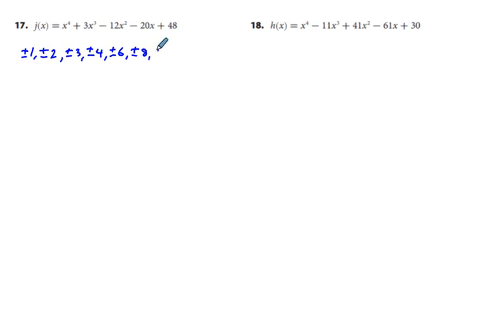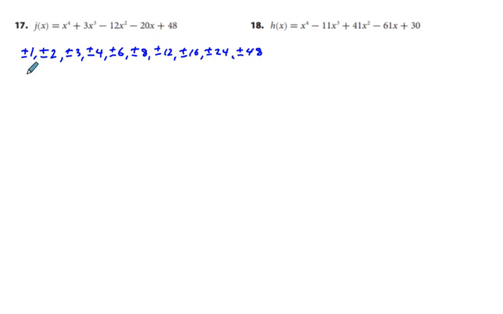Plus or minus 12. Plus or minus 16. Plus or minus 24. And finally, plus or minus 48. So quite an extensive list of potential rational zeros.